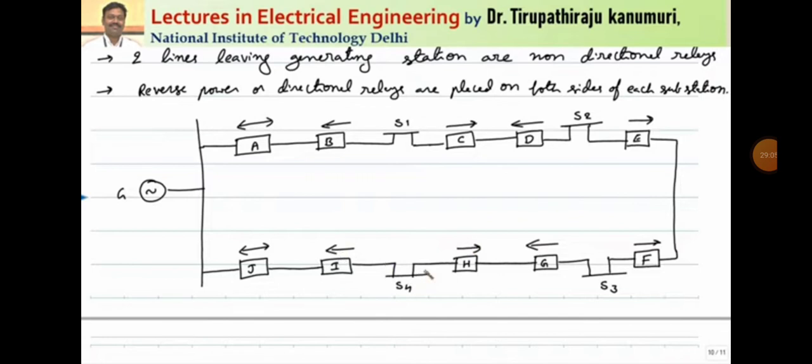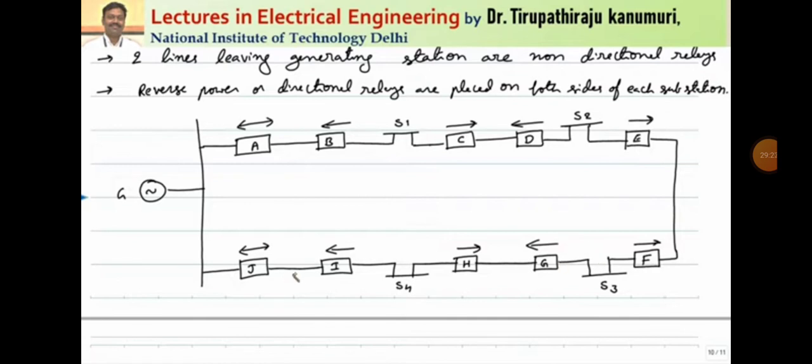Now how to set the time? Fault can happen anywhere in the section. Under normal conditions, this generator will supply the current in this direction, agree with me, and similarly from this generator the current will pass like this. Let us assume it is supplying to S2, and through this it is supplying to S3.